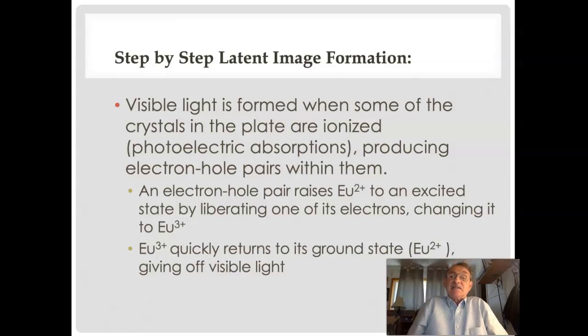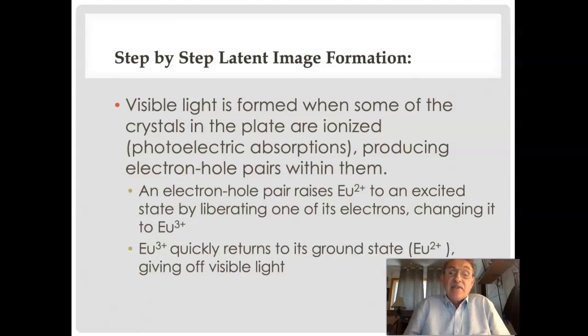Okay, this is kind of a challenge to wrap your brain around. Then the electron hole pair raises the europium to an excited state by liberating one of its electrons and changing it to europium-3, which quickly returns to its ground state, giving off some visible light.